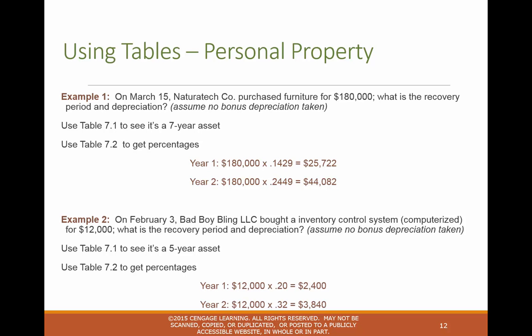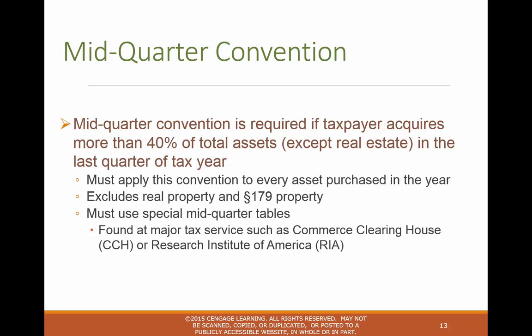If what? Yeah, if I've got to have a car as a condition of employment, I use that for my job, right? I drive my own car all over the Northwest selling pharmaceuticals. Okay. Mid-quarter convention. This is for personal assets that you don't use half-year convention on.